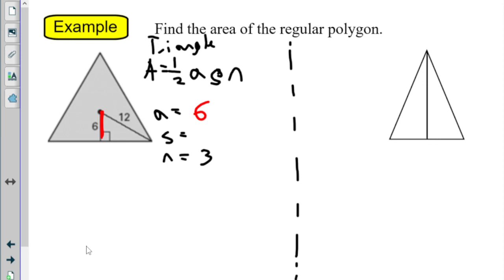Step 2, get our central angle. I'm going to give you a 30-second head start in getting the central angle.